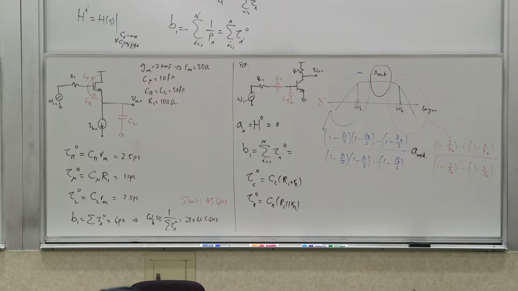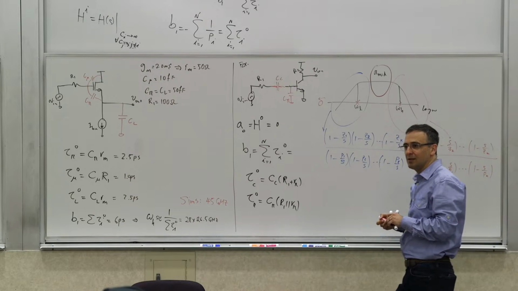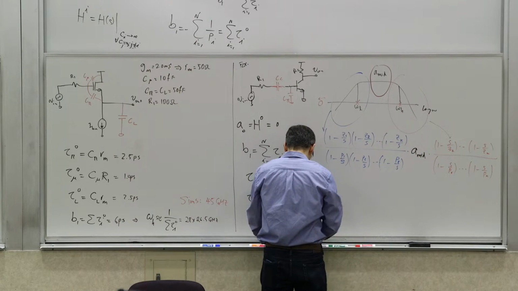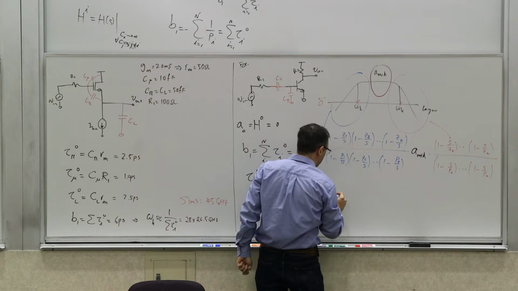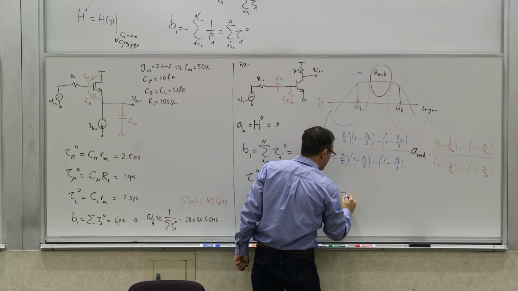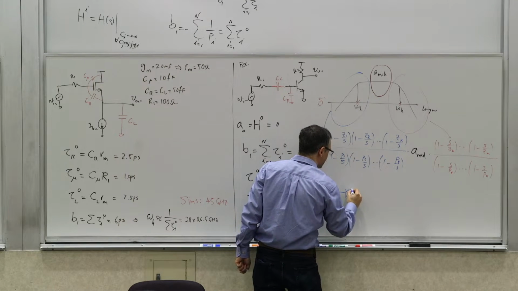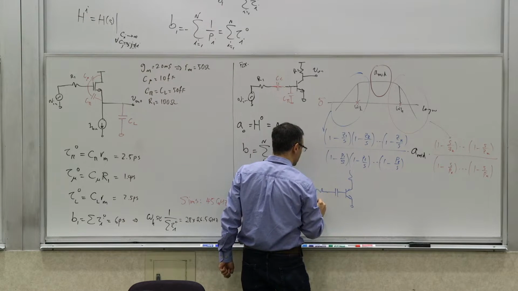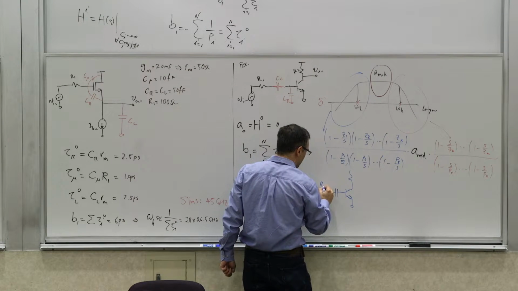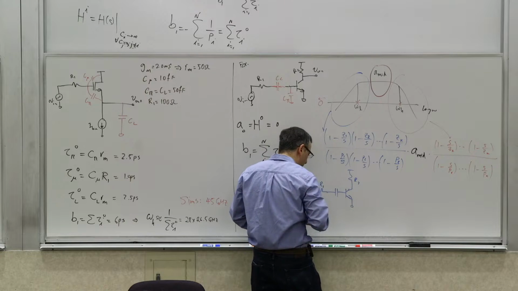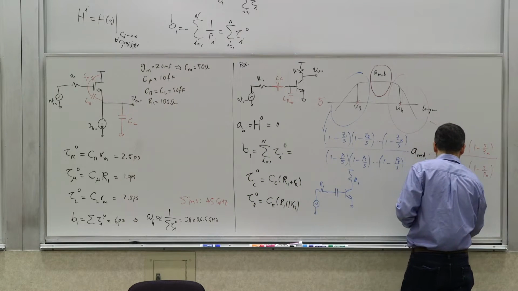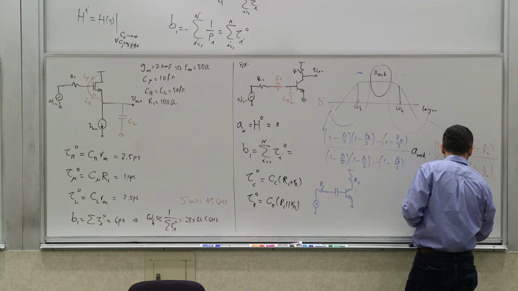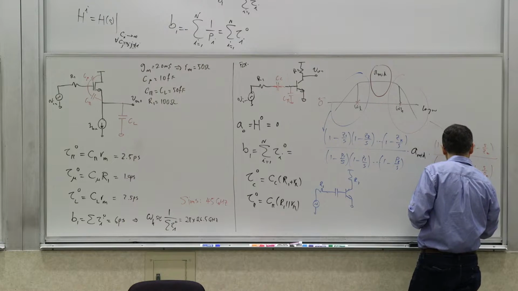So now if you notice, you can actually break this circuit into two equivalent circuits, right? You can say that for the very low frequency part of the behavior, this is your circuit. And for the high frequency part of it, this is your circuit.